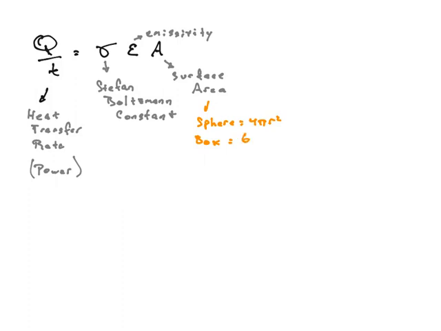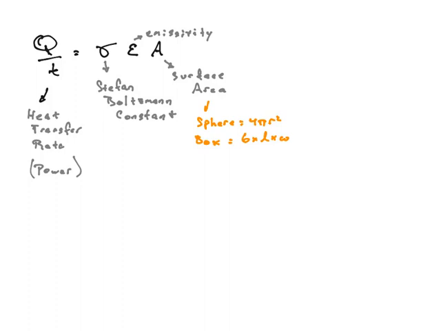So it'd be 6 times the length times the width. So depending on the shape of the object, you'd either use the surface area for a sphere or the surface area for a box.